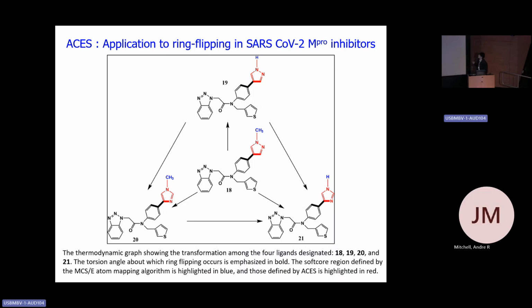Now here is a case study: the application to ring flipping events in SARS-CoV-2 main protease inhibitors. This graph is a dense perturbation map between 4 congeneric ligands labeled 18, 19, 20, and 21. These 4 ligands share the same molecular scaffold, and they only differ in this azo group.